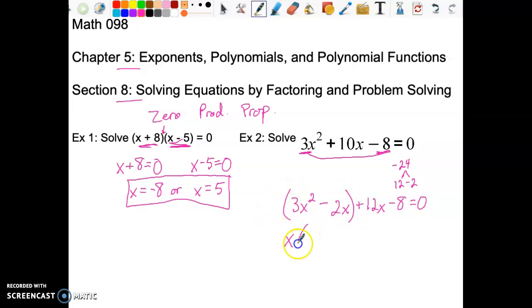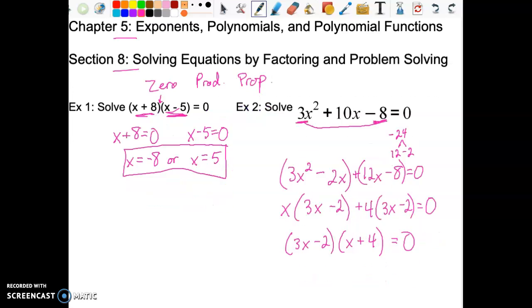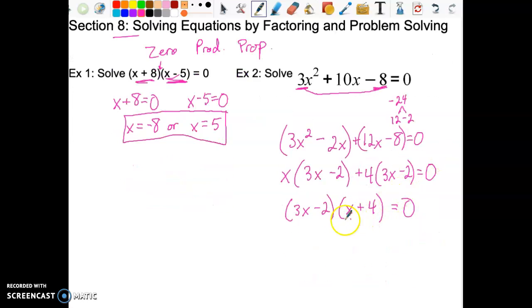I get x for my first term, 3x minus 2. And the greatest common factor of the last two is 4. And again, 3x minus 2. So then the 3x minus 2 can be put together, and x plus 4 can be put together. So then you identify where your product is, right here.